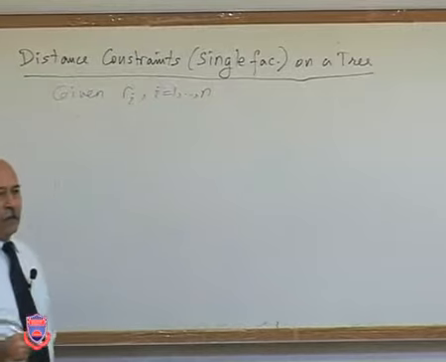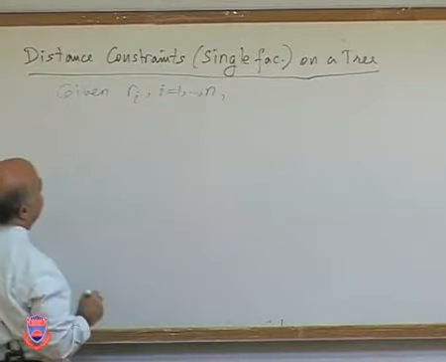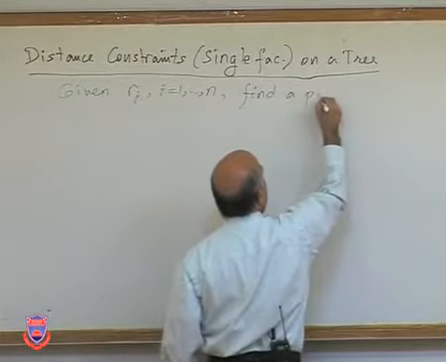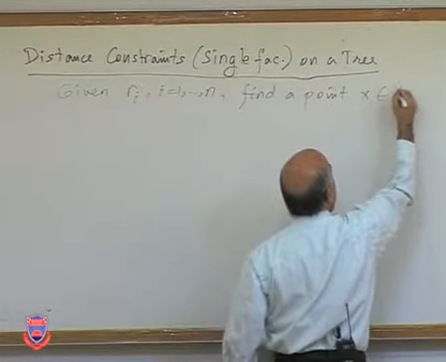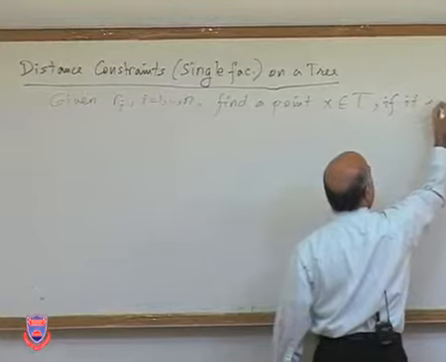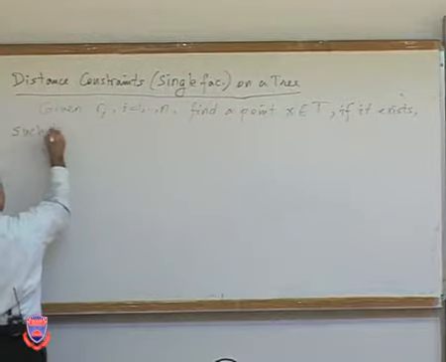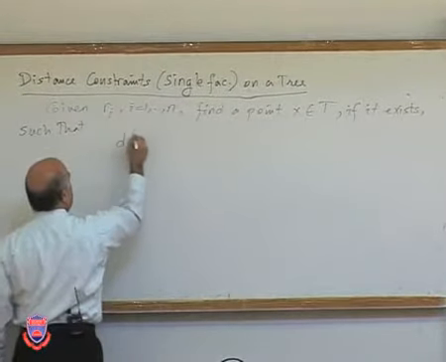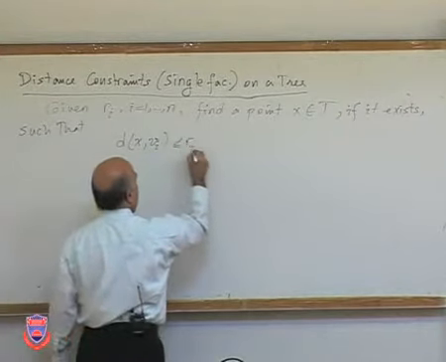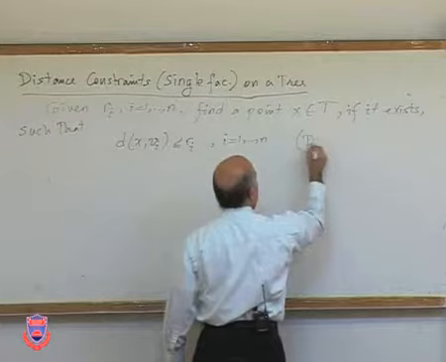Given the numbers Ri, which are the radii for the vertices, the distance constraint problem simply says that you're required to find a point x in the tree, if there's such a point, if it exists, such that the constraints d(x, vi) less or equal ri, i = 1 up to n, and let's give a name to it.